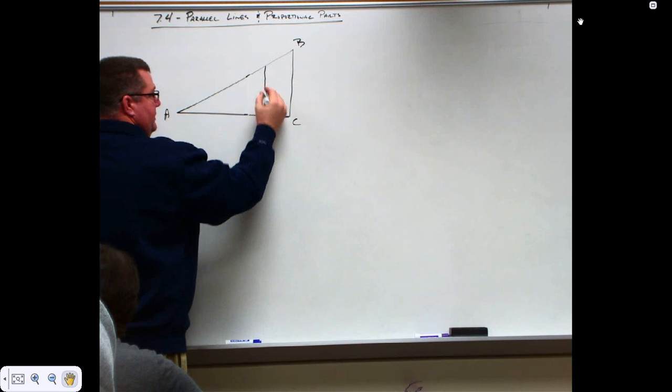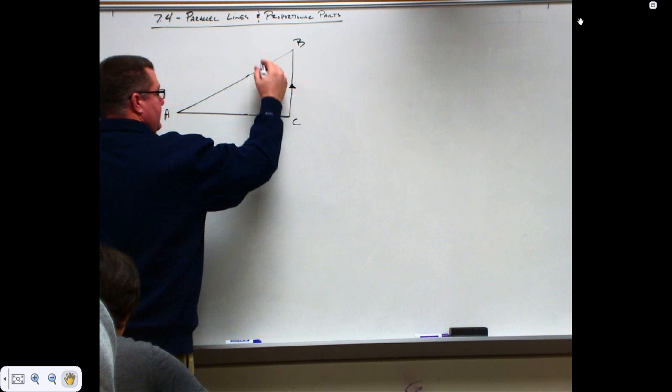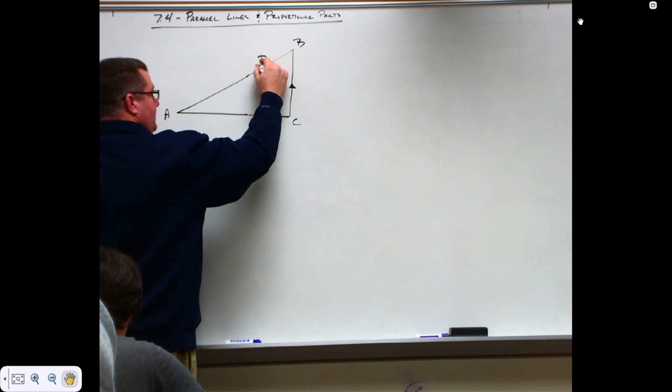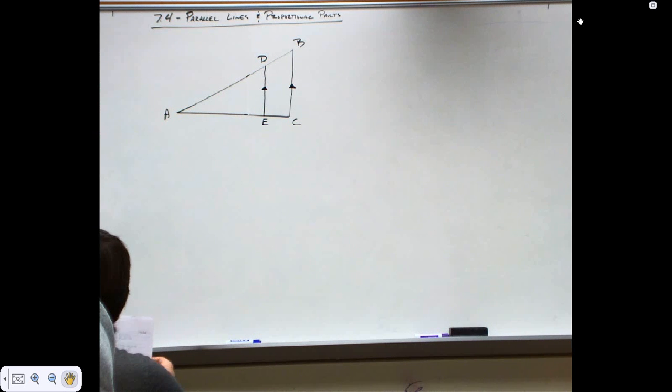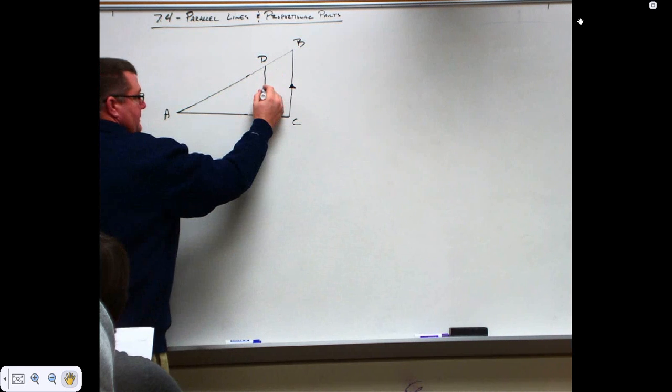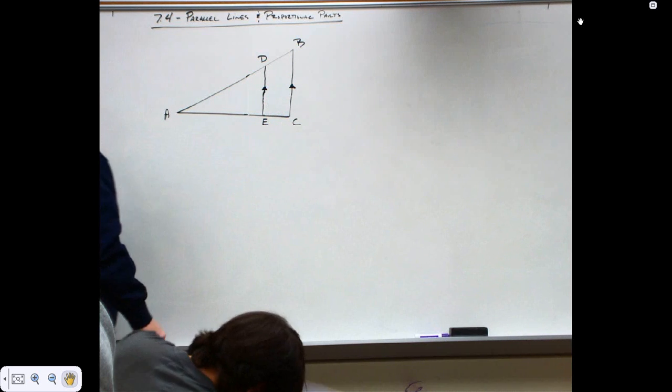That has nothing to do with this. What do these arrows mean again? Okay, so make that D and make that E. So I'm saying that DE is parallel to what? BC. Okay.